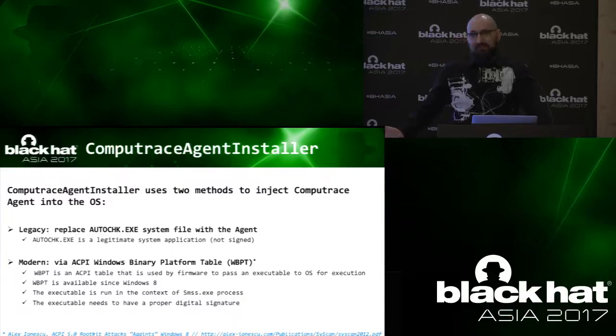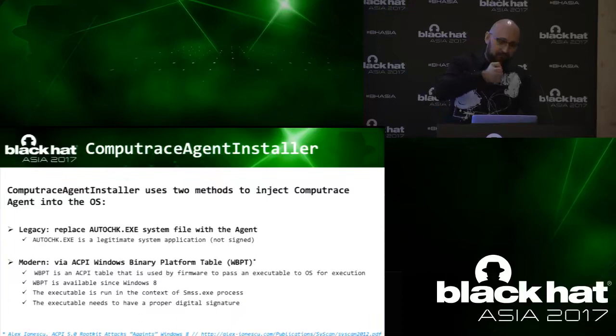As an example, after reinstallation or recovery from a specific partition, if you have a pre-installed operating system on a Lenovo laptop or some other laptops. Actually Computrace uses a pretty similar thing, and they deliver through this ACPI table an executable which runs in the context of the SMSS process.